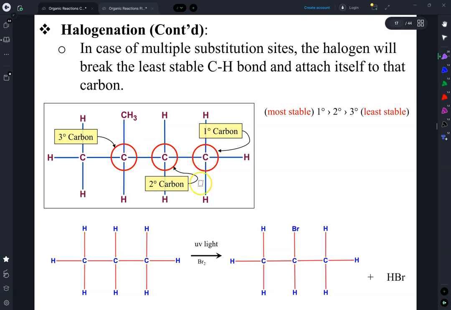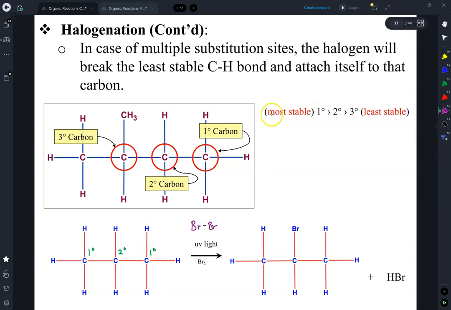This is important to know because primary carbons are the most stable, while tertiary carbons are the least stable. So primary carbons are unlikely to react, while tertiary carbons are more likely to react. In the case of propane, this would be a secondary carbon because it is connected to two other carbon atoms, while the carbons on either side are primary carbons.